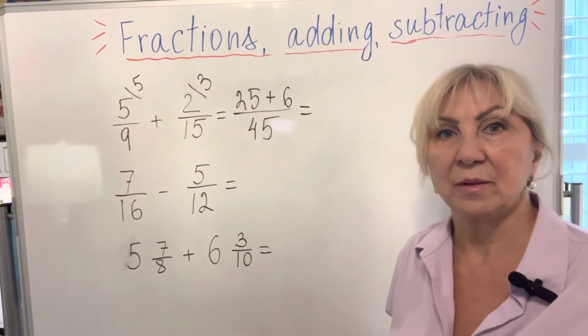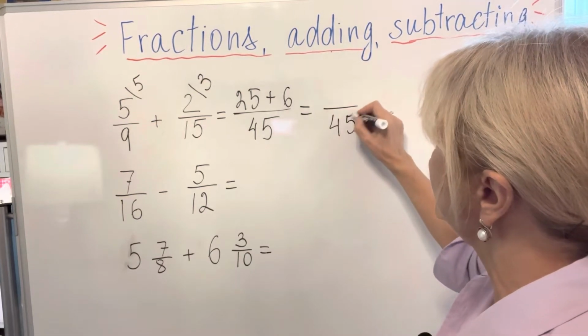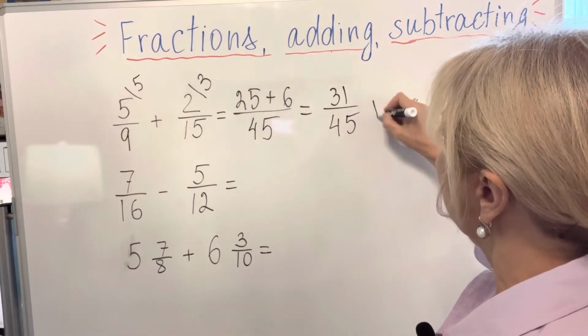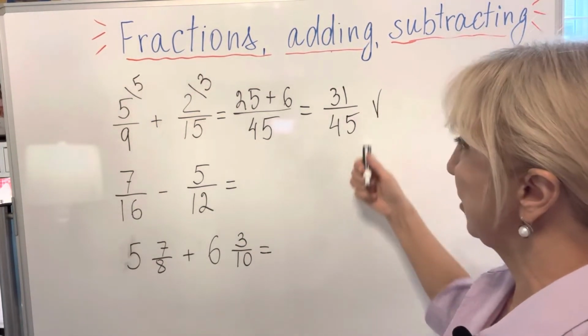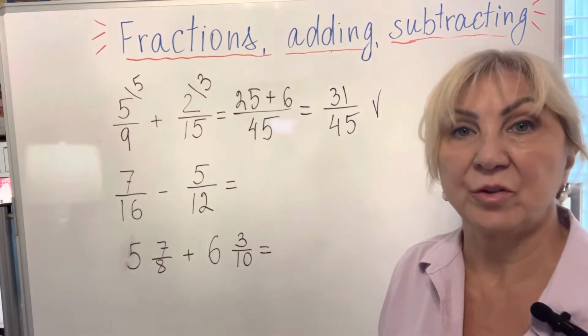And now the last step: 25 plus 6 is 31. That is our final answer because it cannot be simplified. It's already in simple form.